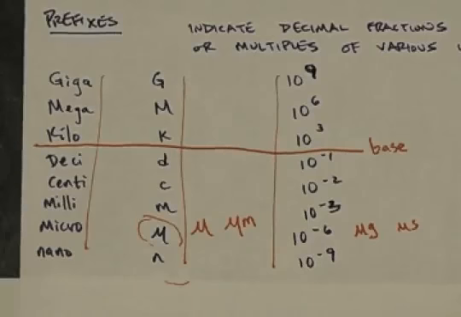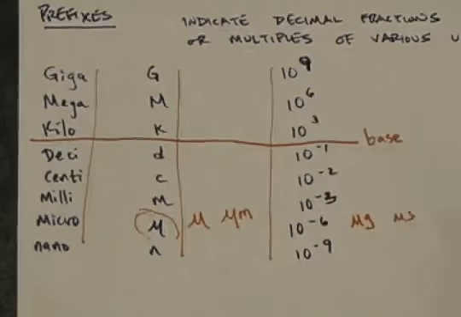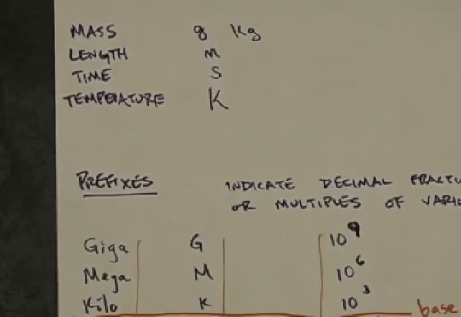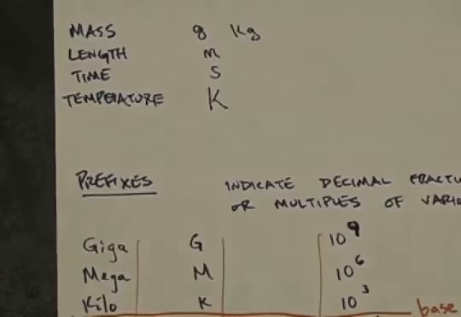And we'll learn today, during this video cast, how to convert from one unit to another, to express one of these units of measure in kilometers as well as centimeters, or in megagrams and micrograms, all at the same time.